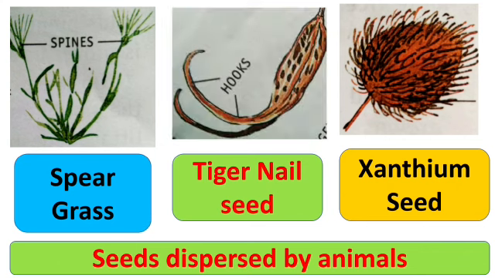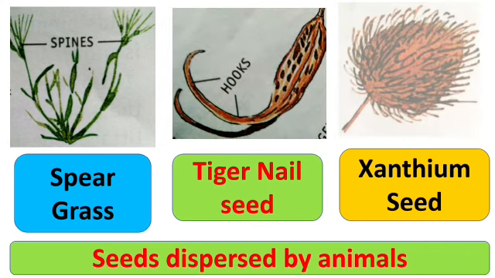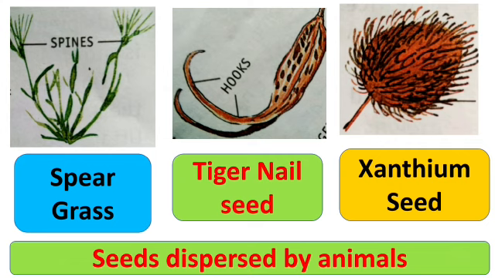The next one is xanthium seed. Xanthium seeds have hairs. So with the help of these stiff hairs, spines and hooks, these seeds can be easily stuck to the animal's fur, even to the clothes of human beings.